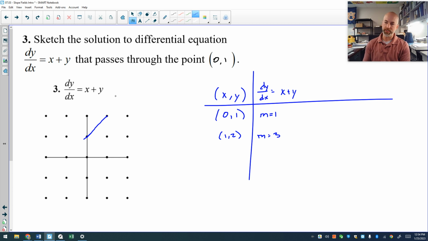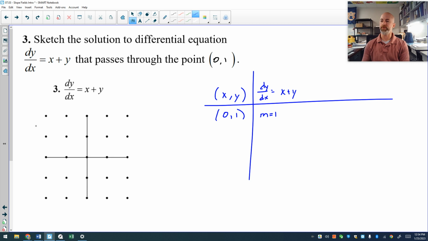And we can now adjust my slope as we get to different ordered pairs to represent, in this case, a steeper slope. I could also carry it on to the left. And what I just showed you there is actually more closely related to something called Euler's method. But that's essentially what we're going to do with slope fields. We're going to use the differential equation to get representations of the slope of the solution, and we use the slope to sketch the graph.